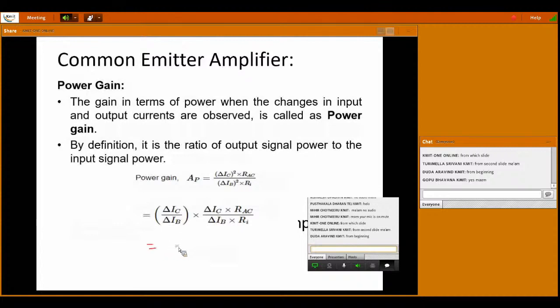This is equal to the current gain beta times the voltage gain.